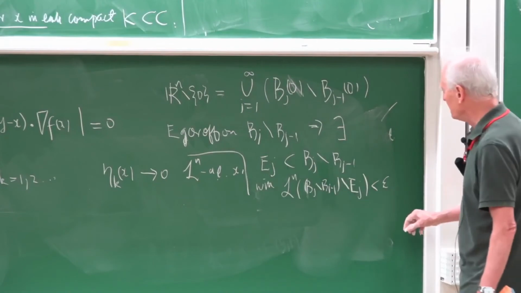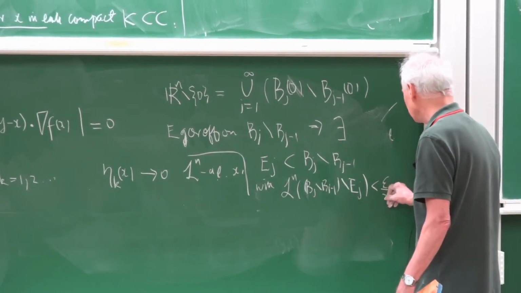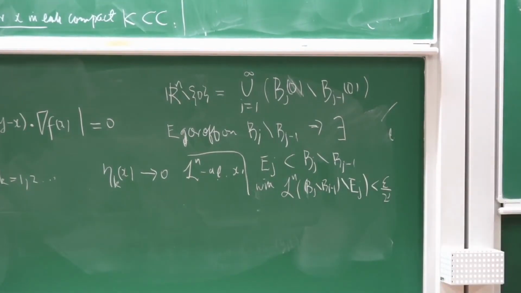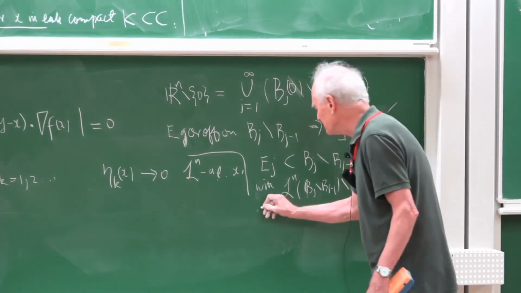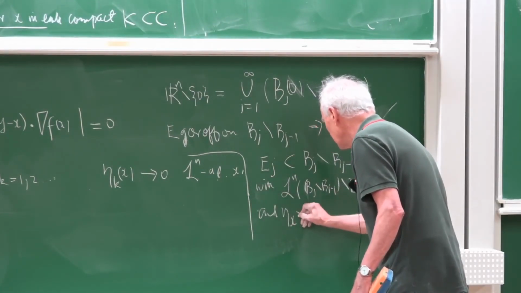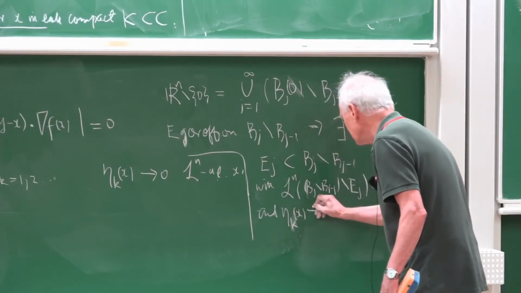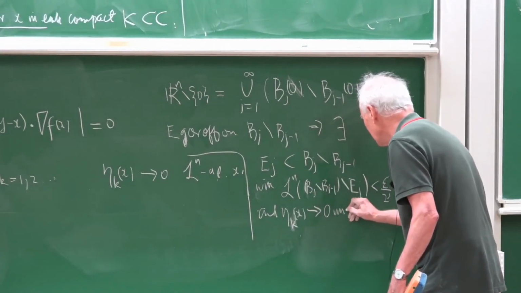Or actually, I could even make it less than epsilon over 2 to the j for the usual reason, because we're going to add things up after, such that eta k of x tends to 0 uniformly.